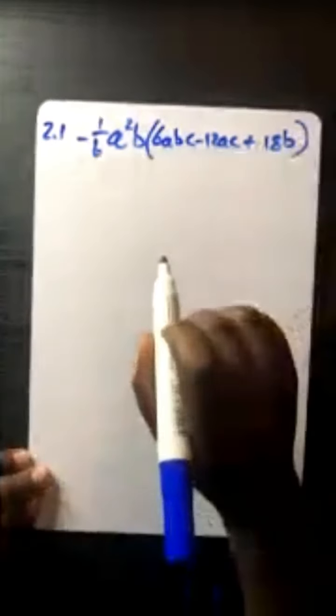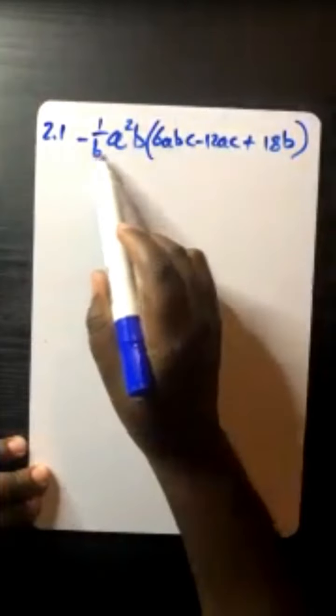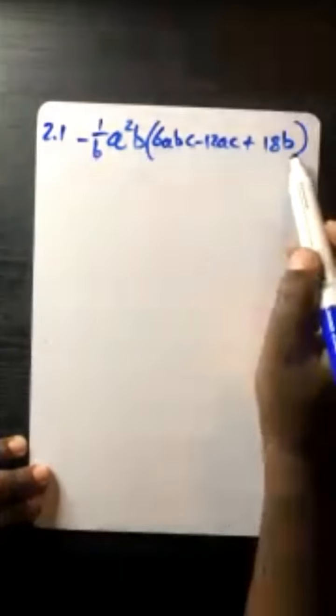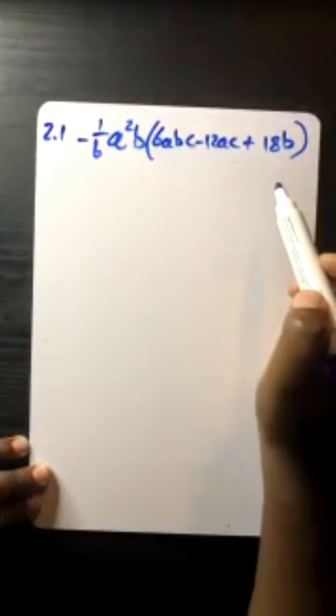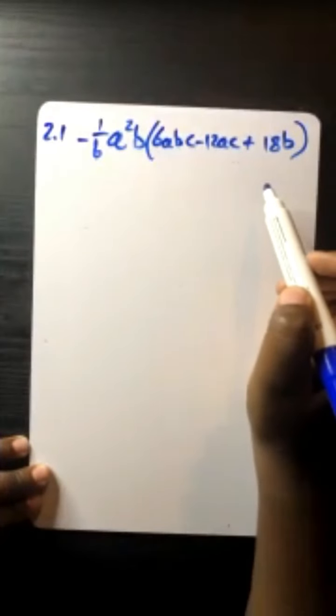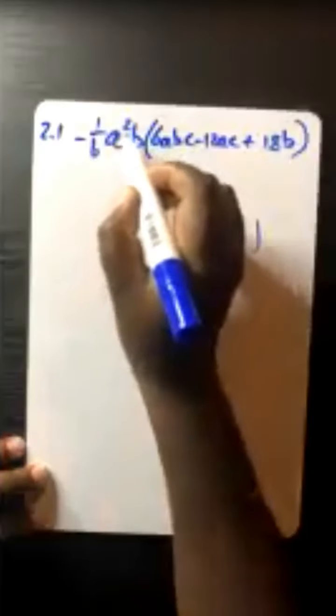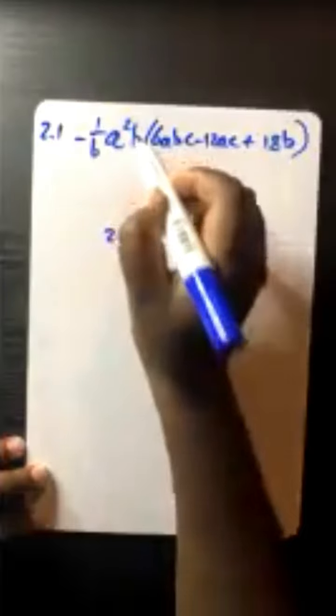So now let's simplify. Obviously, we've got that which is what we call the coefficient of the whole of that. You understand that part, isn't it? Yes, sir. So remember, this is more like 2 into the whole of this. So that is just one thing, which is 1 over 6 a squared times b.